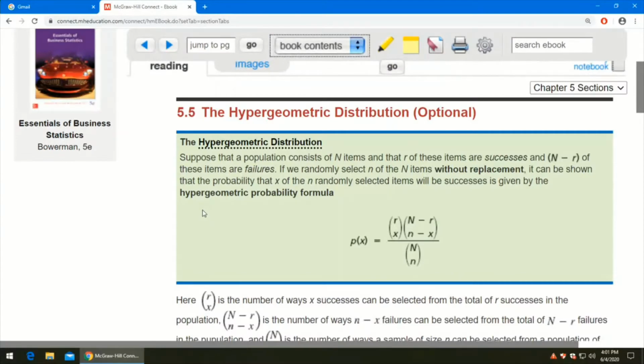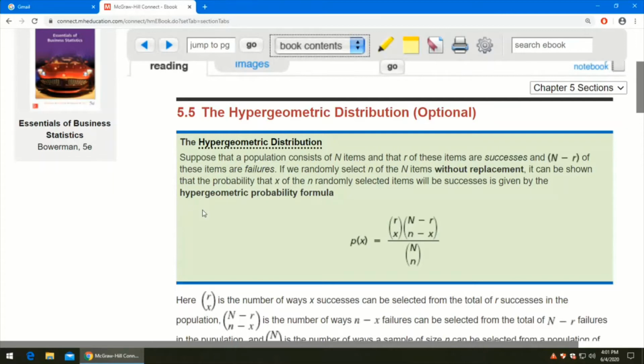Okay class, now we are going to be talking about the hypergeometric distribution, where we have the probability, like I explained to you, as RCx into (N minus R)C(n minus x) over NCn. This is the probability of success, and this is the probability of failure, where you can see that we have used the without replacement concept.